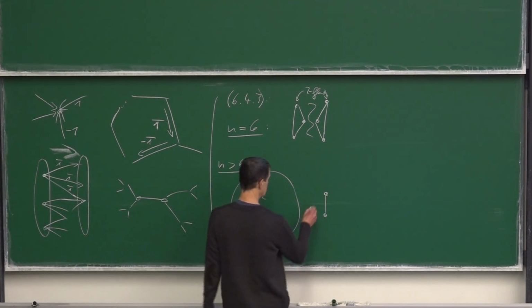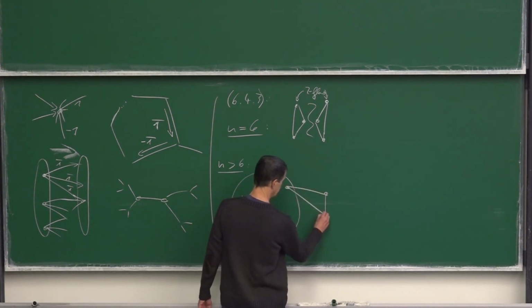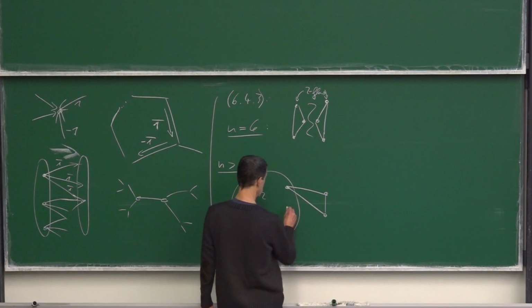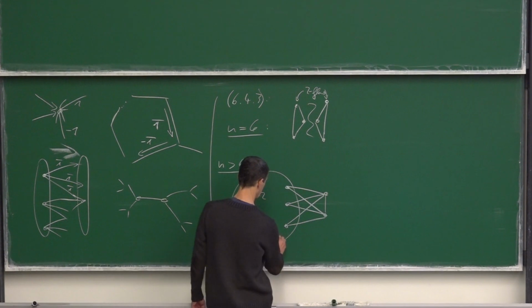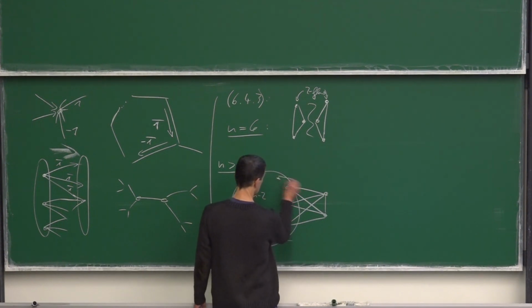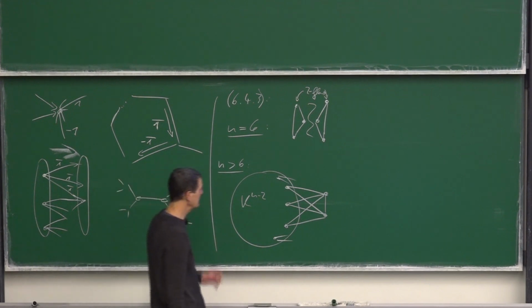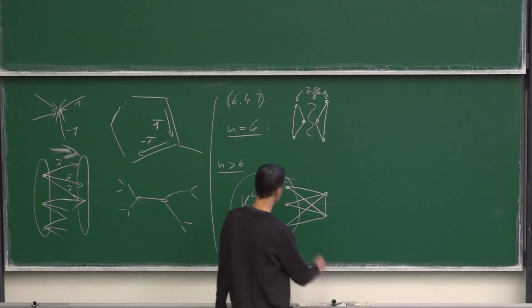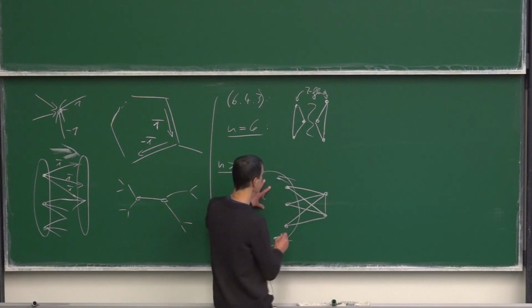Okay, how do we do that? Well, every vertex in this K_{n-2} sends edges to both those vertices. And now let's use a Z3 flow on here.